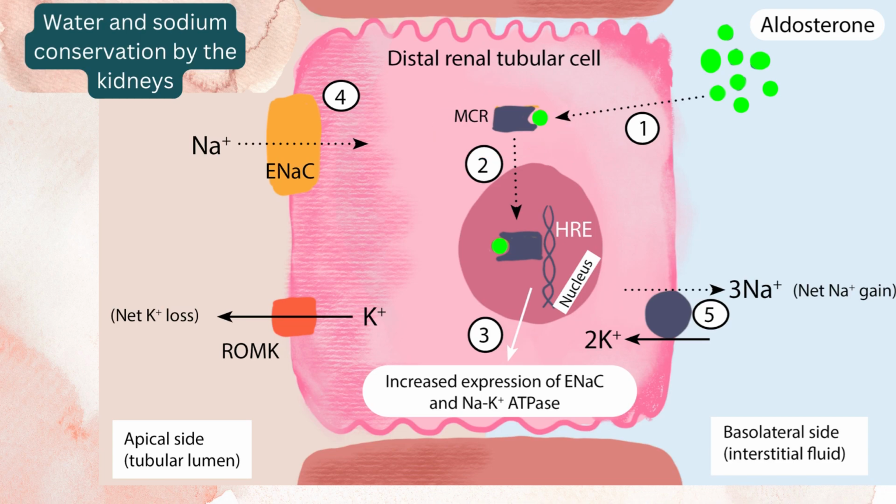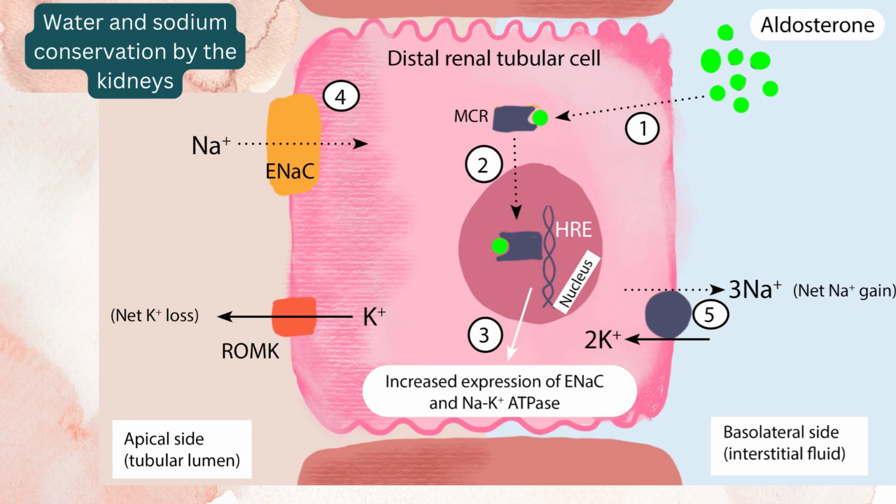The aldosterone-mineralocorticoid receptor complex is then translocated into the nucleus, where it attaches to hormone response elements required for the transcription and translation of the epithelial sodium channel and sodium-potassium adenosine triphosphatase, sodium-potassium ATPase.